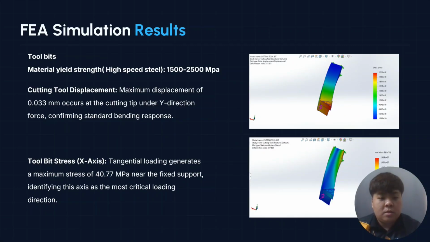Next, the second part was the tool bit. The material of the tool bit is high-speed steel with a yield strength of 1500 to 2500 megapascal. On this part, we apply two types of force, from the y direction and the x direction, to simulate the situation where the tool bit is fed into the material to cut it.